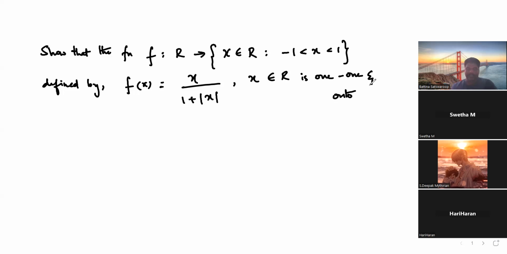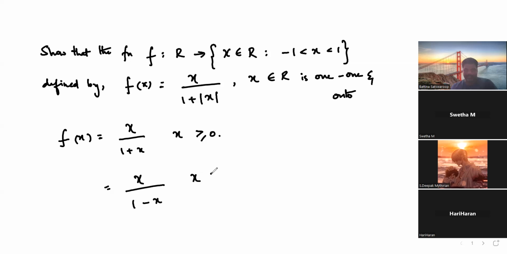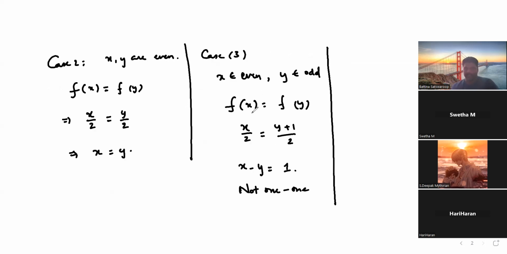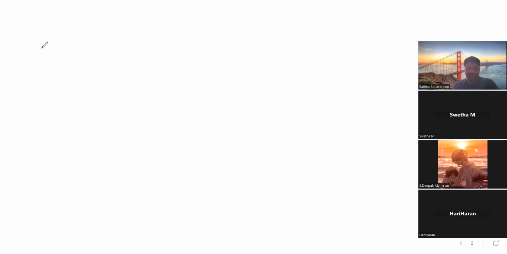First of all, two cases will come here. f of x will be equal to x by 1 plus x, where x is greater than or equal to 0, and x by 1 minus x, where x is less than 0. Two cases will come, so you have to prove for two cases. Case 1, to prove 1 to 1, where both x and y are greater than 0.